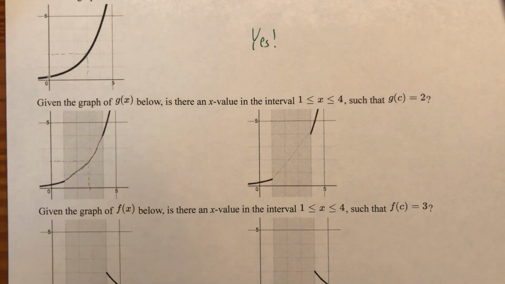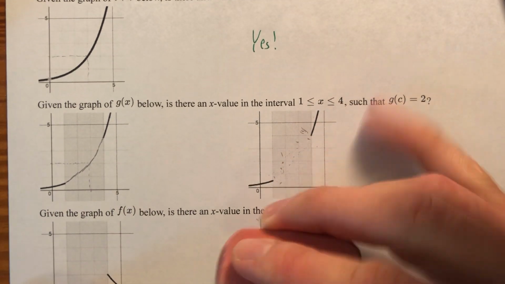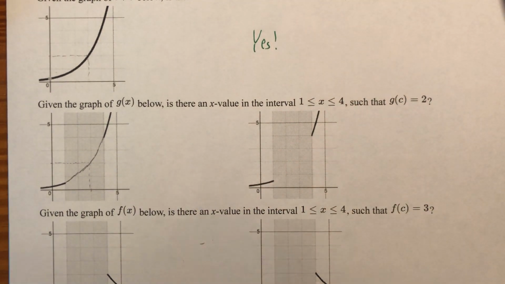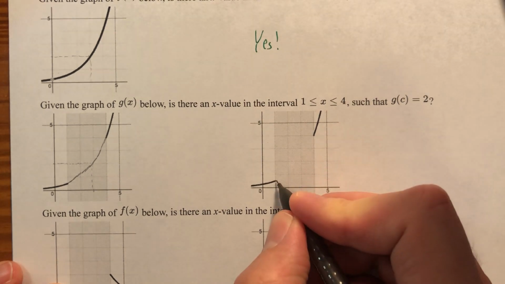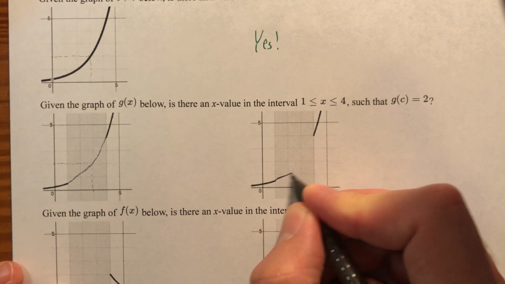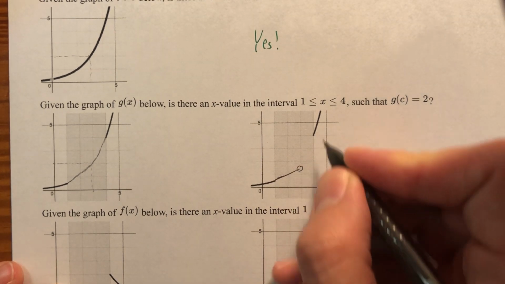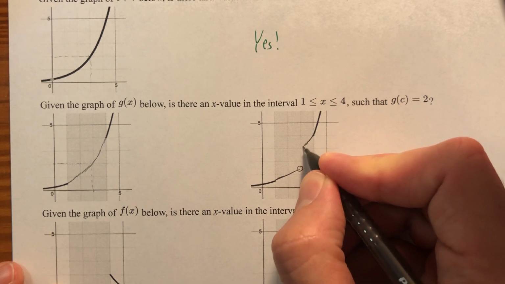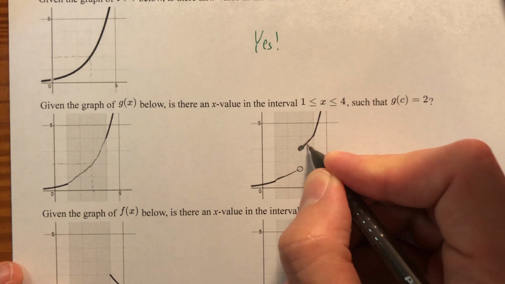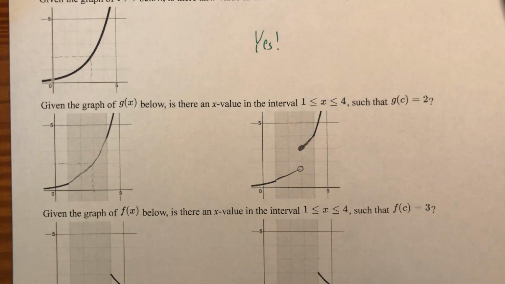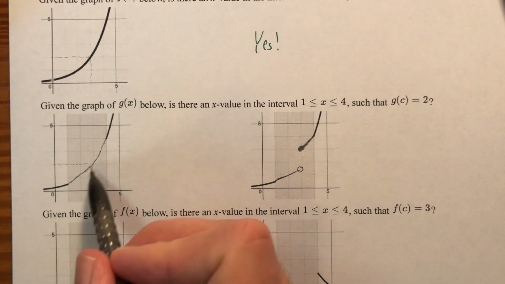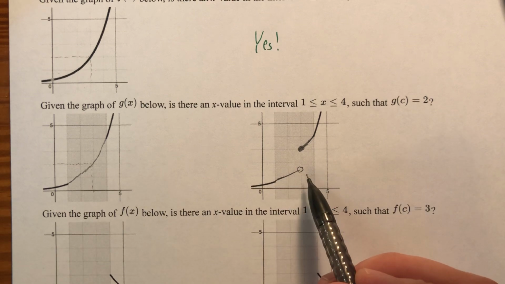But maybe my graph looks like this. I'm going to go a little crazy on you here. Maybe it's piecewise. They didn't say otherwise, right? So maybe we have a continuous graph and maybe we don't.